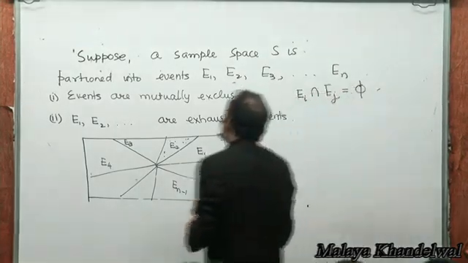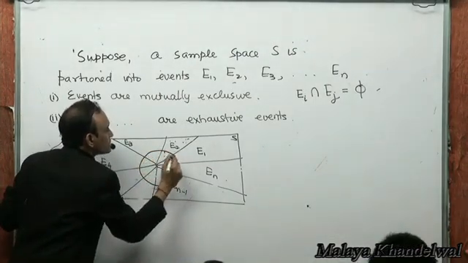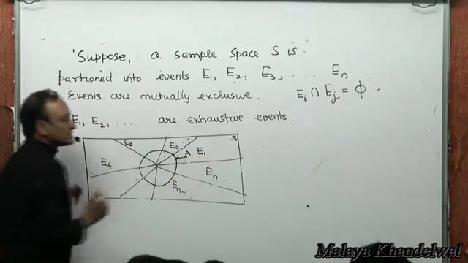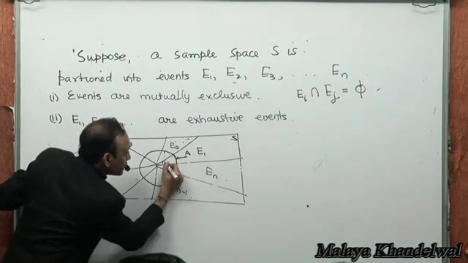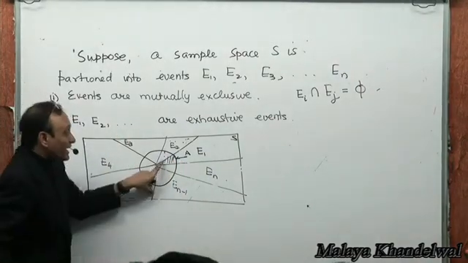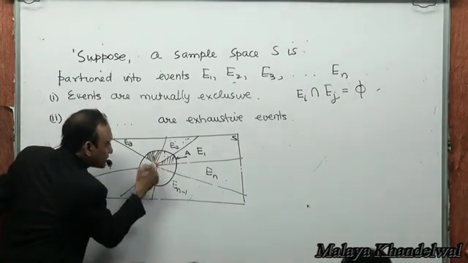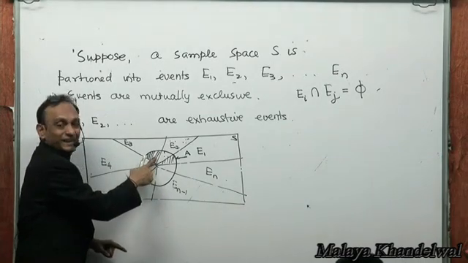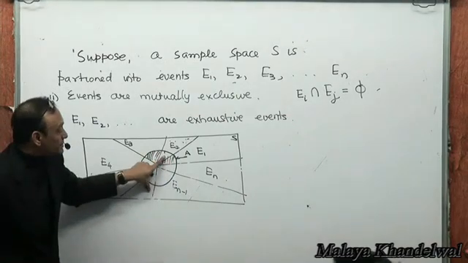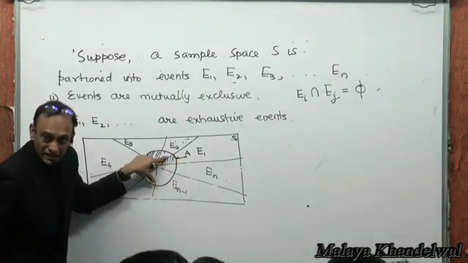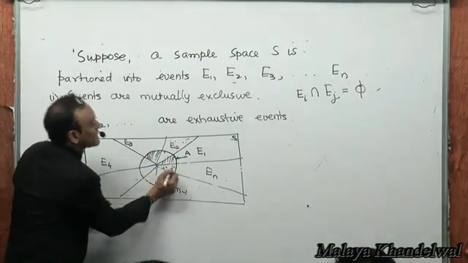Right? So this circle represents event A. This region represents A being caused by event E1, this represents A intersection E1, this represents A intersection E2, this represents A intersection E3, and this represents A intersection En.